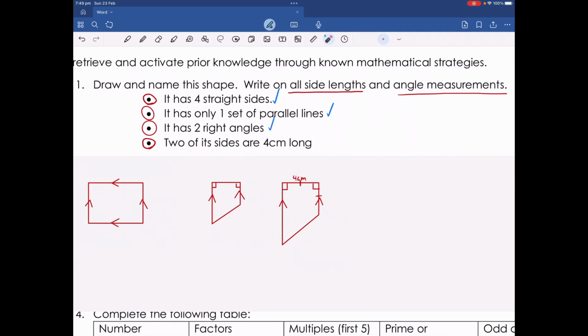If you've done any sort of geometry so far, you probably know what it is. If we have something with 4 straight sides, just like that, we have a rectangle, or a square.